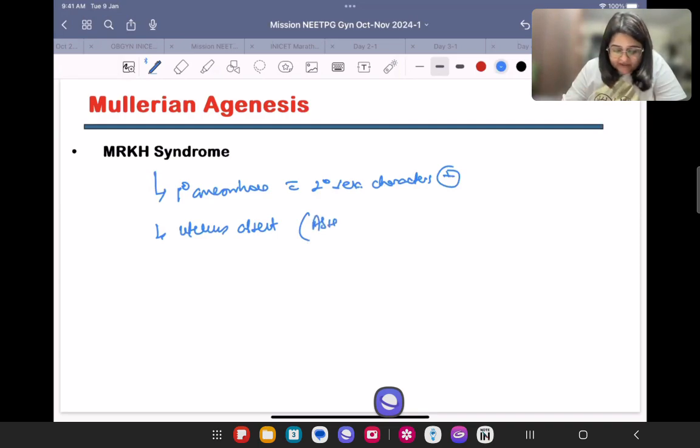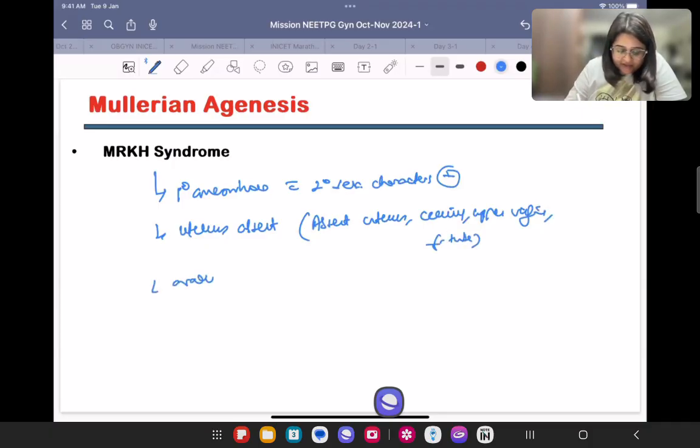So absent uterus, cervix, upper vagina, and fallopian tubes. Ovaries are going to be present. So the hormonal profile, FSH, LH, estrogen, all of these are going to be normal.